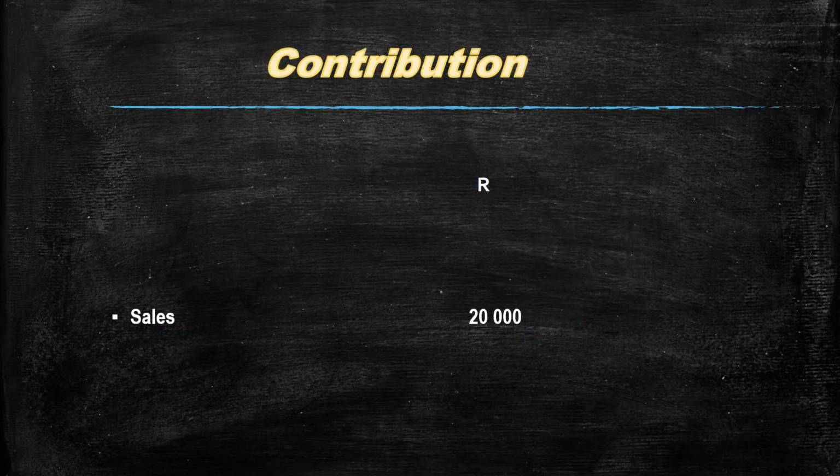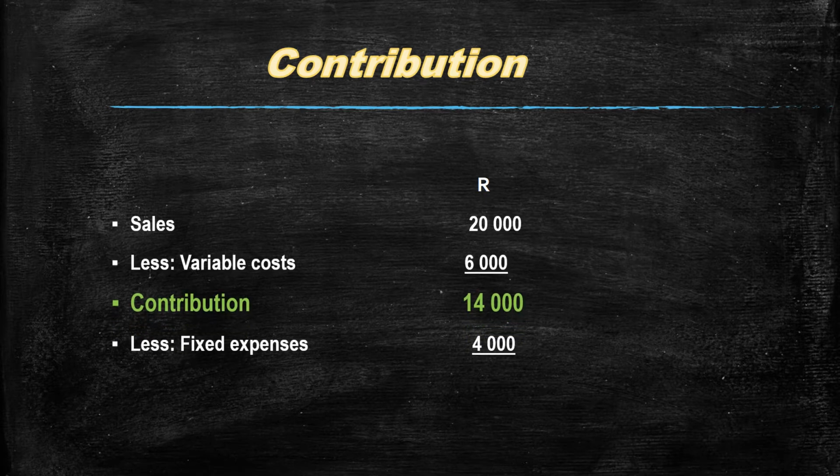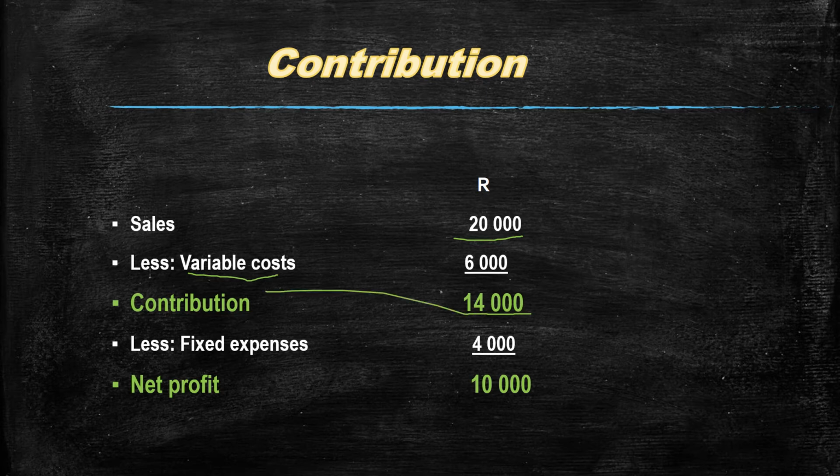When we look at contribution, however, we look at it in more detail. From the same example, we have our sales at 20,000 rands less variable cost of 6,000, which gives us a contribution of 14,000. By definition, contribution is sales less variable costs, unlike net profit, which is sales less total costs.